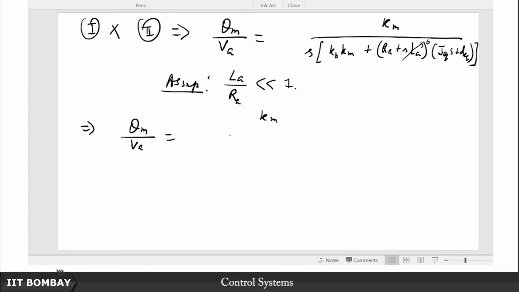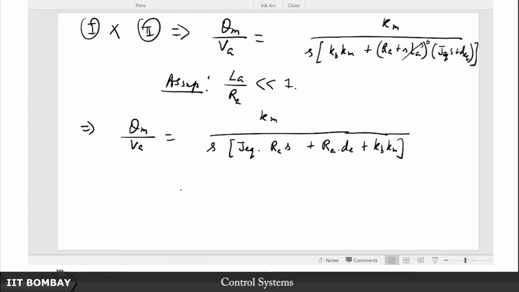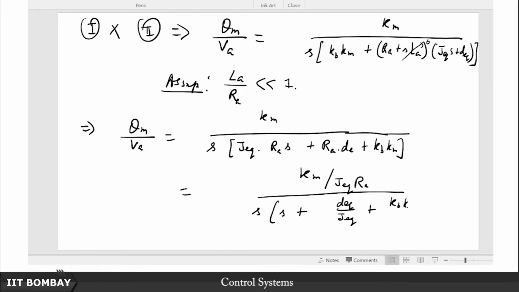Then what we have is Km divided by, you can just check my calculations, s times J equivalent times Ra s plus Ra times D equivalent plus Kb Km, which we want to write in a simpler and better form as Km upon J equivalent Ra divided by s times s plus D equivalent upon J equivalent plus Kb Km upon J equivalent Ra. Okay.